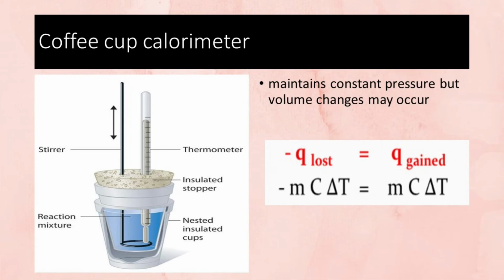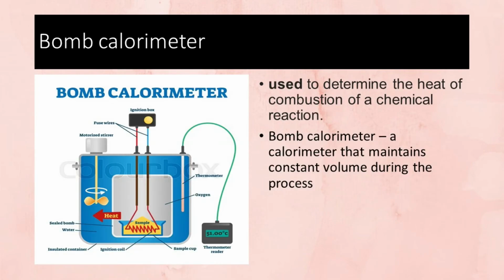A styrofoam cover and a sensitive thermometer complete the apparatus. A coffee cup calorimeter maintains constant pressure but volume changes may occur. A bomb calorimeter is used to determine the heat of combustion of a chemical reaction. It maintains constant volume during the process.